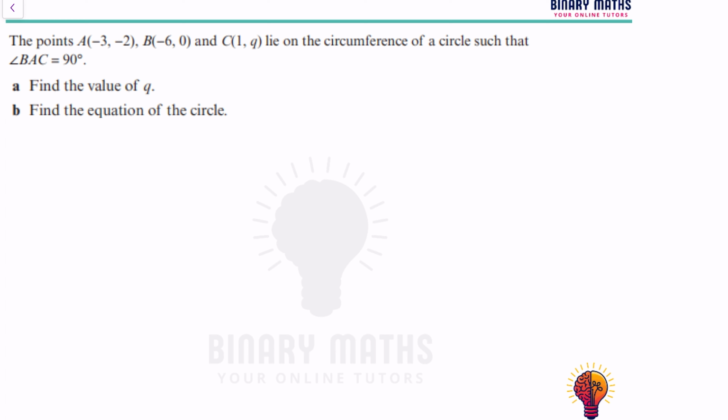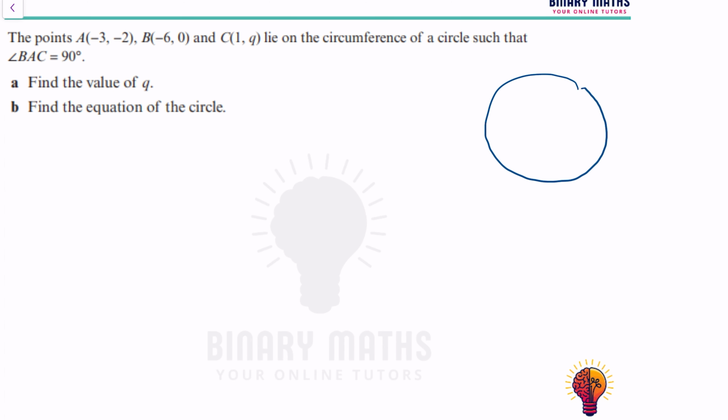The points A negative 3, negative 2, B negative 6, 0, and C 1, Q lie on the circumference of a circle such that BAC is equal to 90 degrees. So if I draw a rough sketch, B, A, and C is equal to 90 degrees, okay?